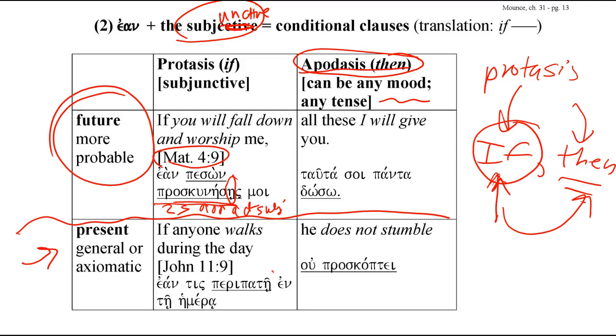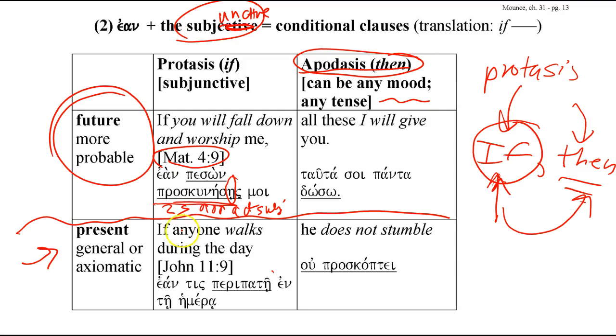So in axioms and proverbs, if it's kind of a proverbial setting, then the use of the subjunctive does not mean something that likely happened, but there's no guarantee. Rather, the use of the subjunctive makes the if-then saying or proverb something timeless, not bound by time.